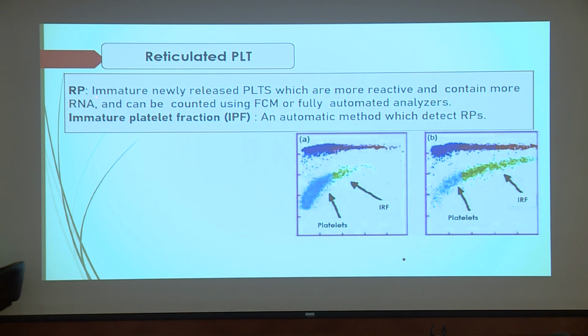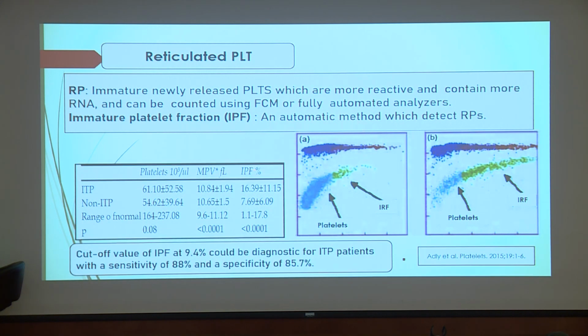So reticulated platelets are immature, newly released platelets, which are more reactive and contain more RNA, and can be counted using flow cytometry or a fully automated analyzer. Immature platelet fraction is an automatic method to detect reticulated platelets.